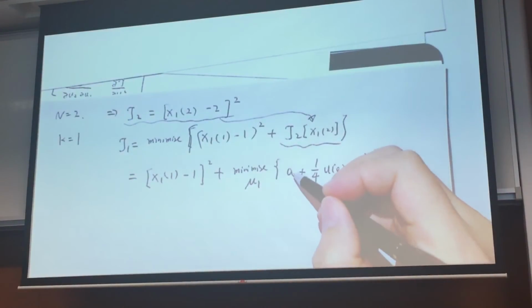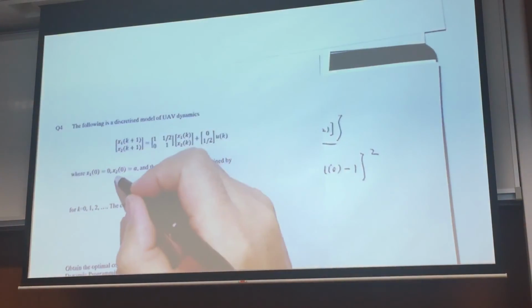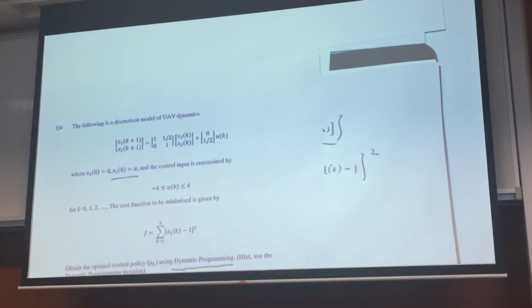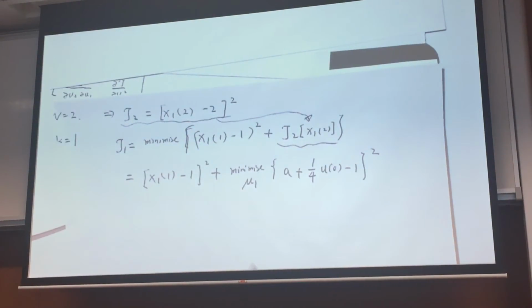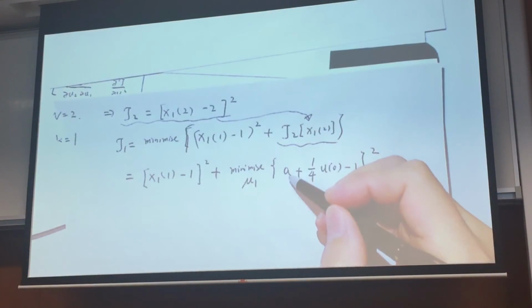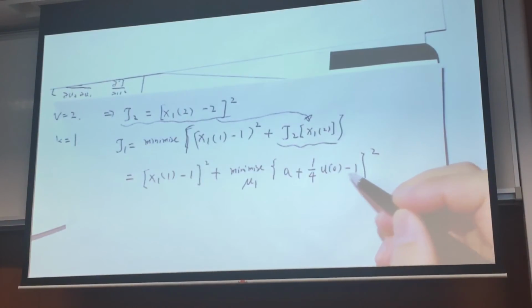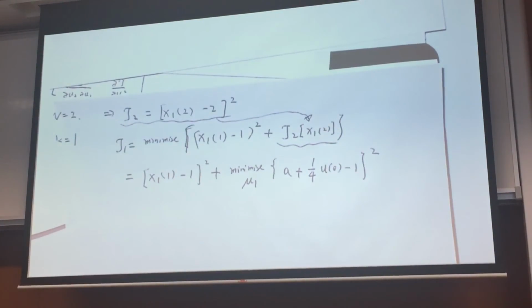The A is just given by the initial condition, x2(0). Here you know that A is given in the initial condition and the other term is just constant, so that you can determine u0.